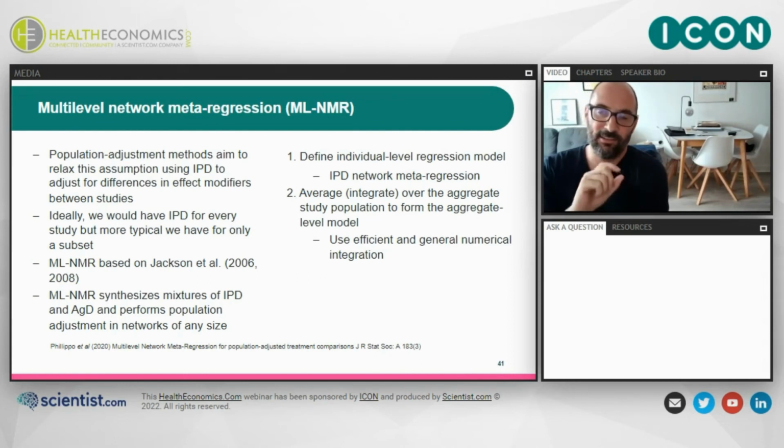It essentially consists of two steps here on the right-hand side of the slide. The first is to define an individual-level regression model on the IPD. And then the second is to average, or in this case, integrate over the aggregate study population to form an aggregate-level model. So we're using the aggregate-level inputs via the IPD regression.